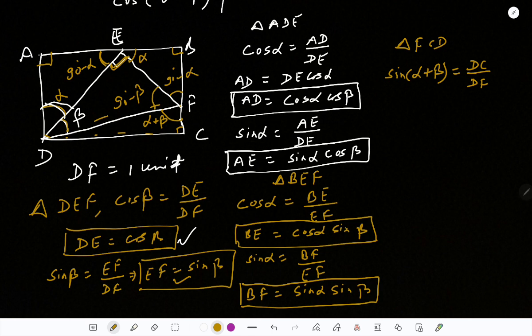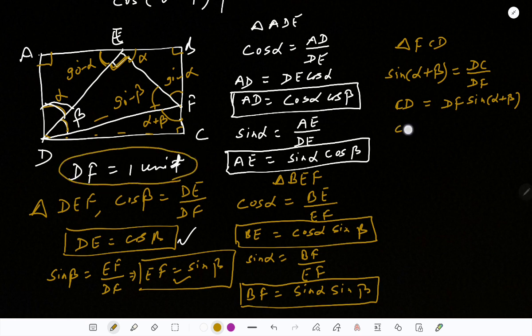And we already have DF somewhere. DC can be also written as CD, I find it better. So CD can be DF sin alpha plus beta, and DF is equal to 1. You can see here, DF is unity.